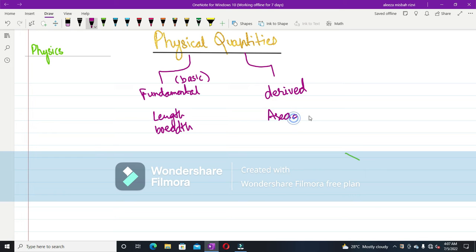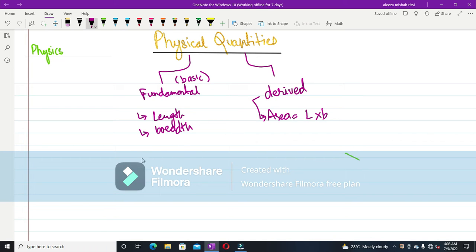And as we all know, area is the product of L into B, which is length into breadth. Okay, so this is how it works. Fundamental is just one quantity, a pure kind of quantity, but the derived ones are the ratio or product of two or more quantities.